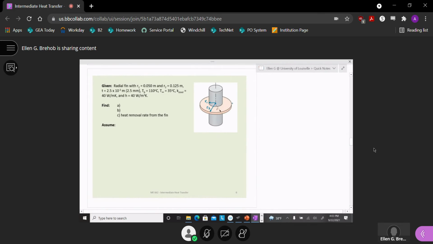We've got a thickness given, a base temperature of 110 degrees C, and free stream surrounding air temperature of 35 degrees C. Thermal conductivity for the fin is given, and a heat transfer coefficient. This problem actually had more parts to it. It was to calculate a fin efficiency. We're just going to do part C.